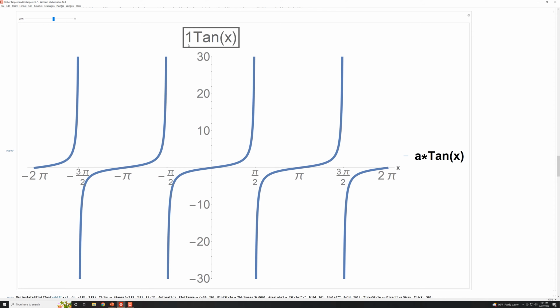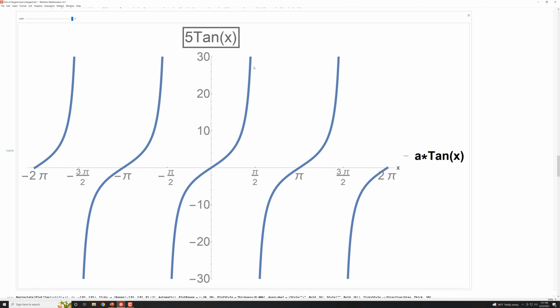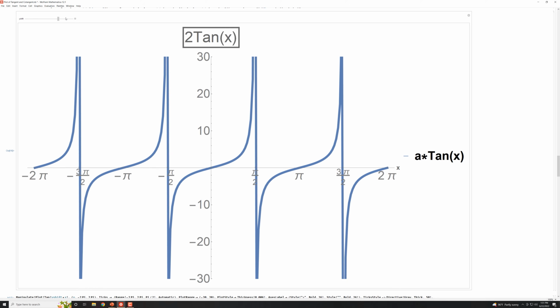Now what happens instead of shifting it up and down if we change the coefficient in front of the tangent? Remember, that's how we change the amplitude of a sine and cosine function. When you change the outside coefficient, what you're doing is you're making the graph steeper. It still approaches infinity and negative infinity, but when you increase the multiplicative constant, then whatever you get for the tangent gets multiplied by 5. So it's like you grab it with your hands and you stretch it out in the vertical direction.